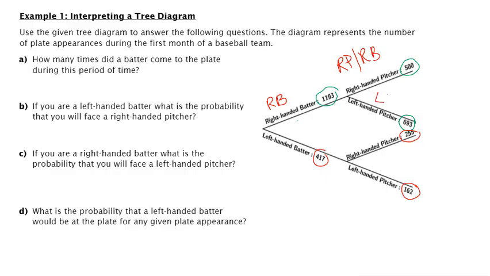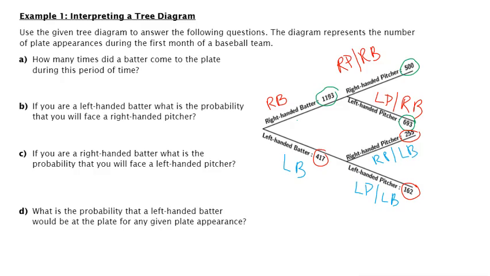This would be a left-handed pitcher given they were a right-handed batter, and so forth. So this is just another way that we can look at conditional probability. And I'll fill in the rest of this here. This isn't necessary to fill in, but it might help see why we would be using this.